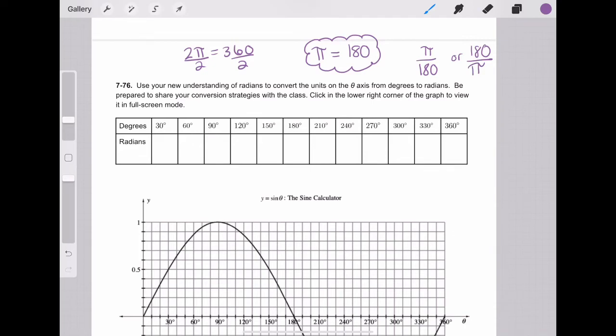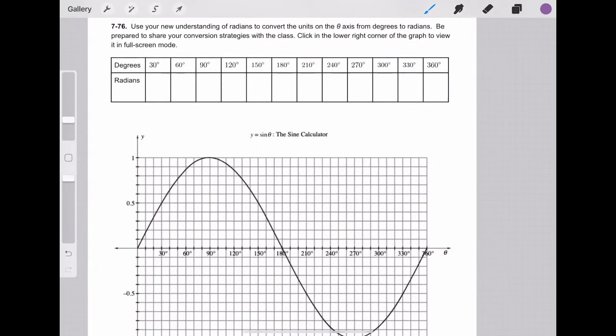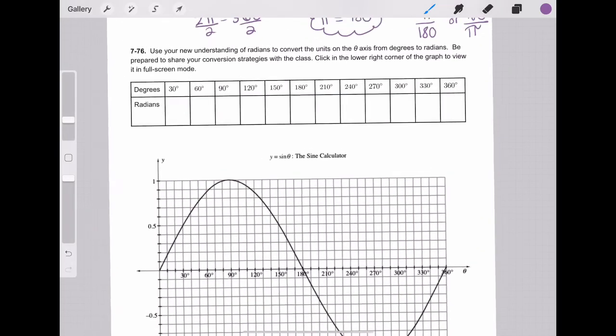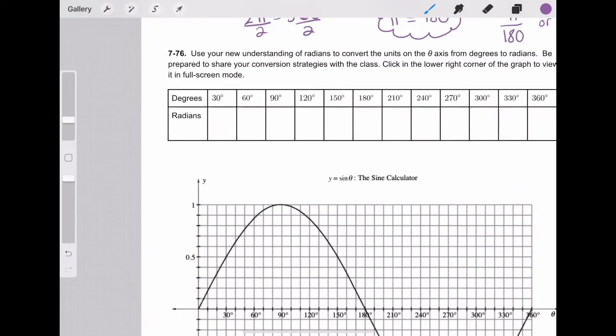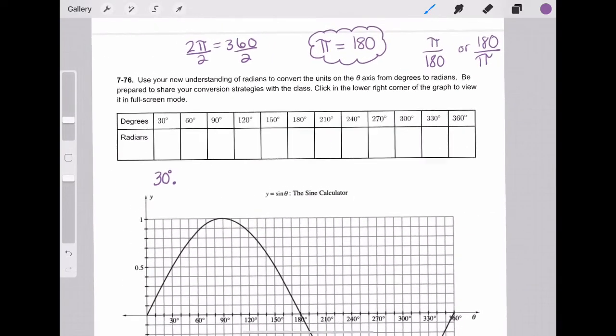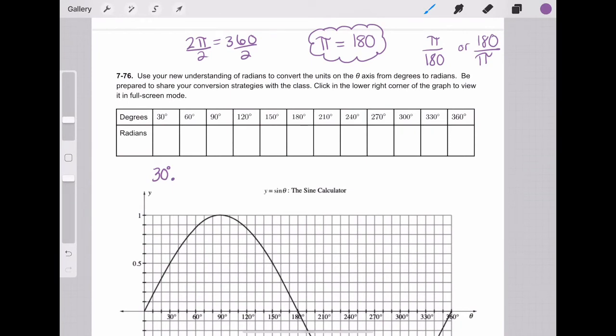So for example, I'm going to take all of these angles and I'm going to change them into radians. So they're going from degrees to radians. So if I want to change 30 degrees into radians, I'm going to multiply it times my ratio so that I can cancel out the degrees. So that means I'm going to have pi over 180 degrees. So to simplify this, notice that I have 30 over 180.